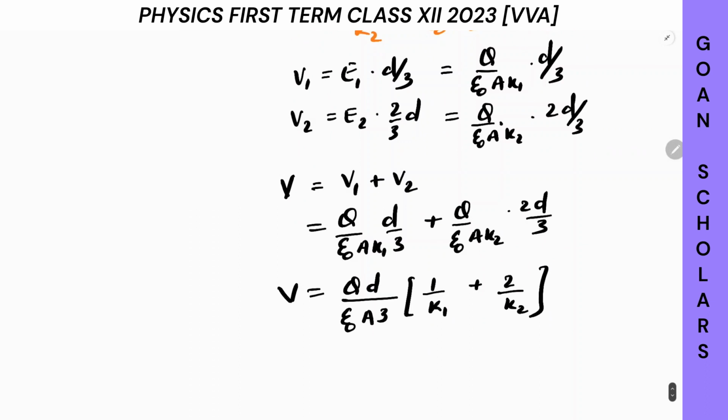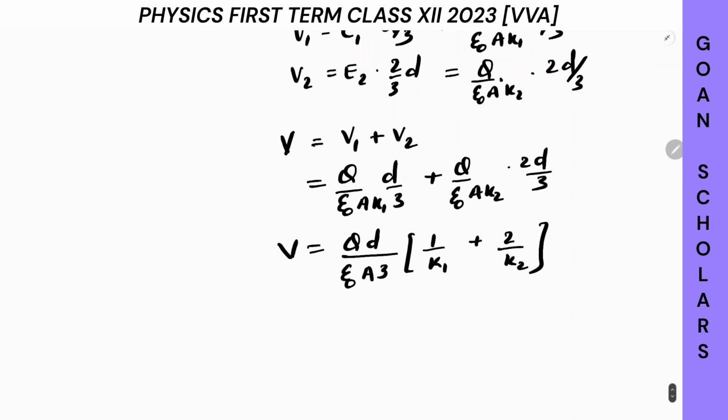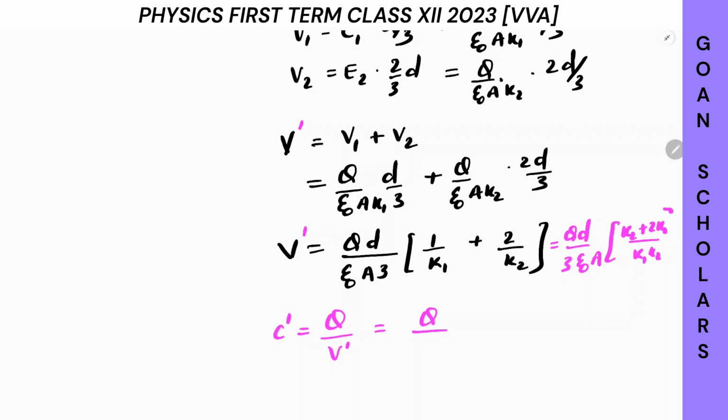This is our potential. If this is our potential, what will be our new capacitance? Our new capacitance will be C dash, which equals Q upon V dash. Q is Q, and V dash is given here. To make it simple, let's cross multiply this before we substitute. So Q D upon 3 epsilon naught A, and in brackets K2 plus 2K1 upon K1 K2, so that when you reciprocate, it becomes easy.